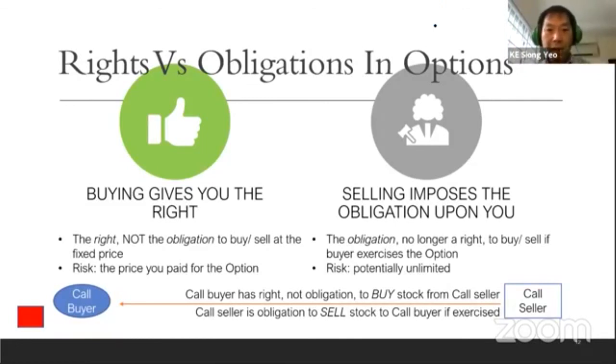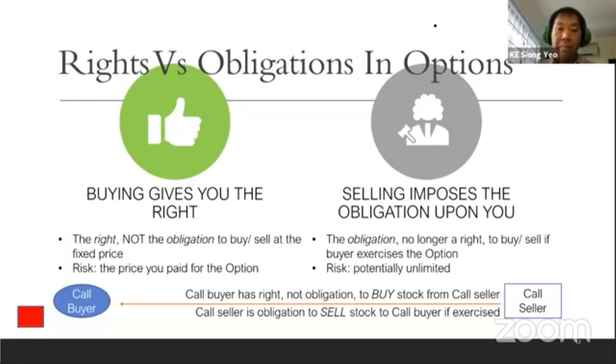So KY, cash secured put. Okay, I will take it to mean that you have the money to actually buy the stock if you get exercised. Yes. So in that context, yes.